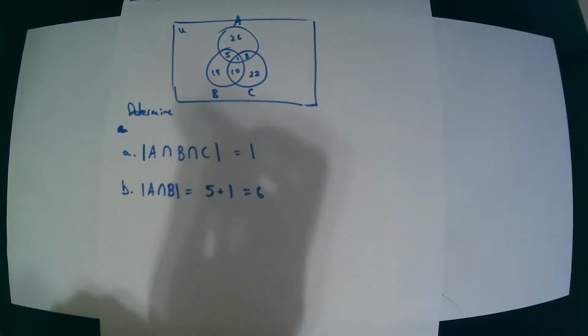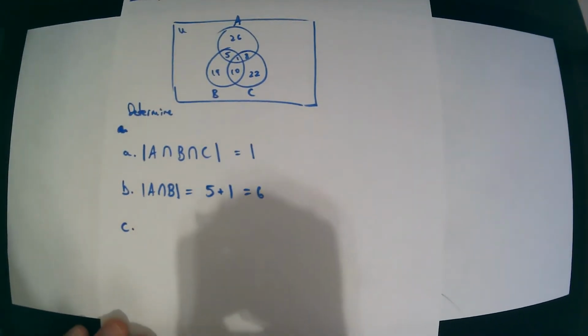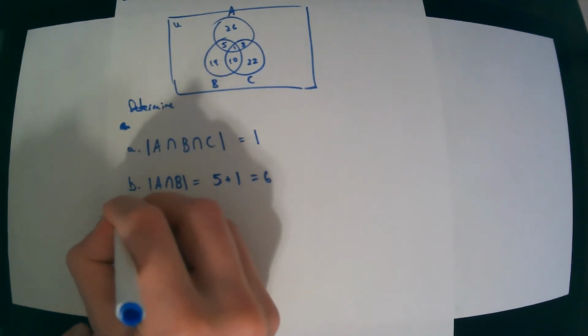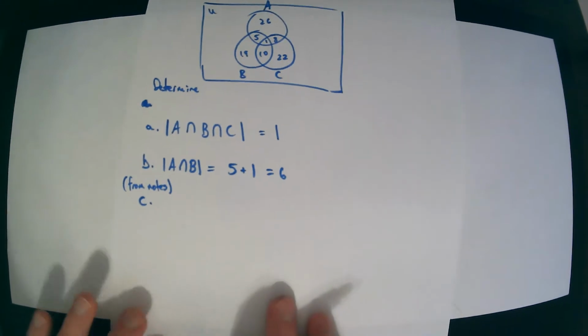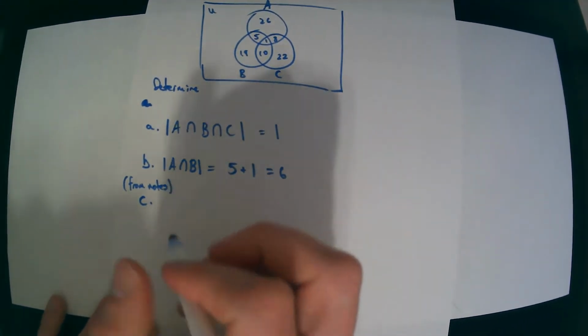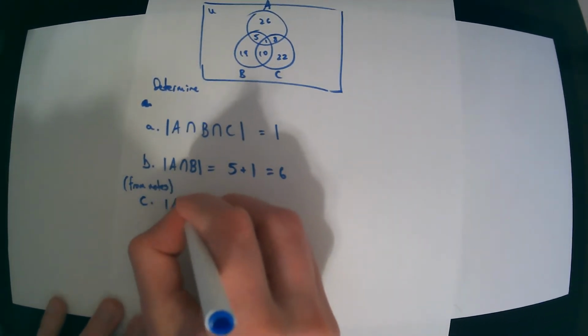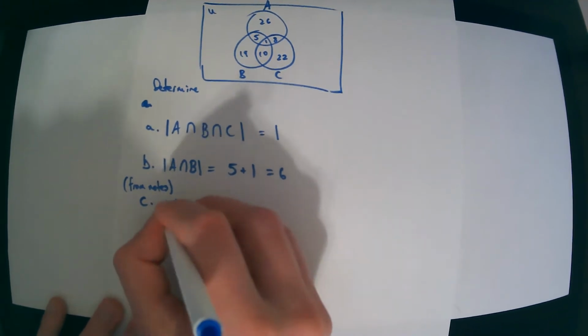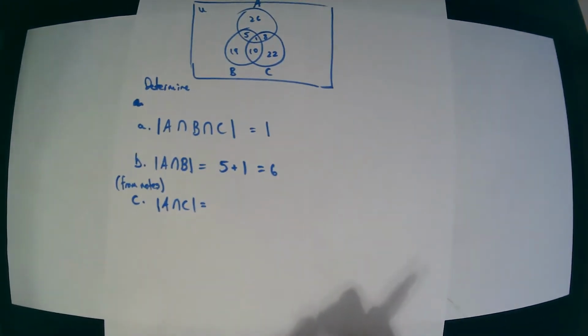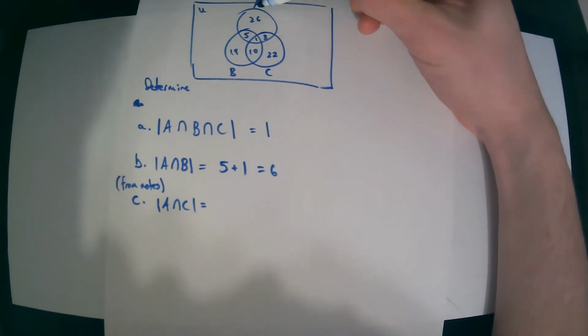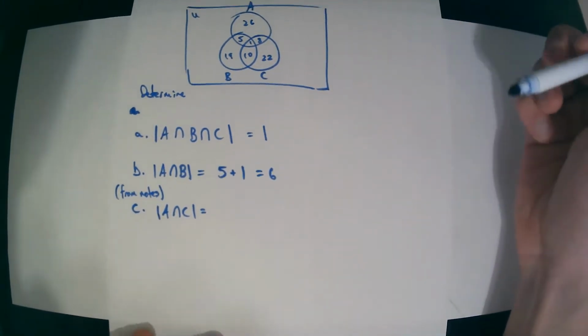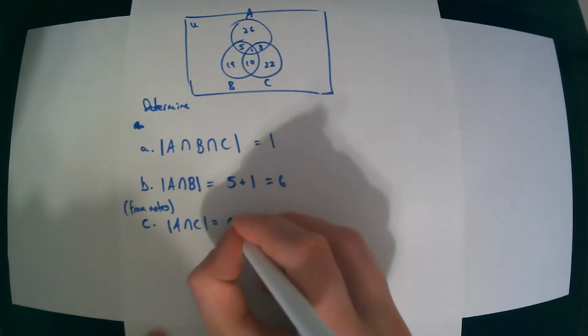Okay. And C from the lecture notes, so this point on is from notes. A intersect C. We want to look at the numbers that are in A and C simultaneously. That's the 1 and the 8.